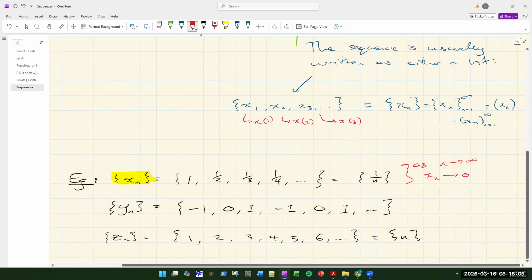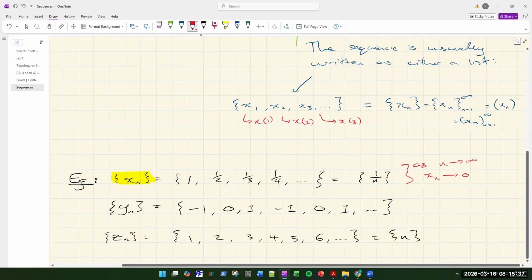Okay, so for this particular sequence, xn, it seems that this sequence has the idea of convergence, right? Which is something we saw when we talked about limits. The limit of a function as x approaches the value, or maybe as x approaches infinity, is a fixed number where all those function values seem to be approaching, right?